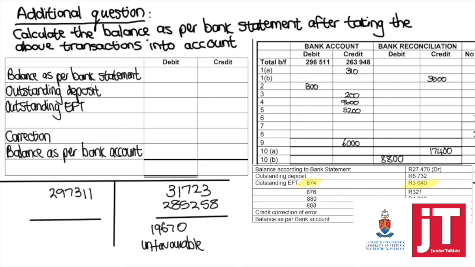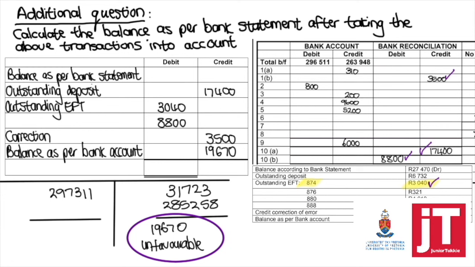I'm going to start with the outstanding deposit was 17,400. Outstanding EFT, we've got from the previous bank recon, there was still an outstanding EFT of 3,040, and we've got 8,800 in this month. There was the correction, 3,500, and the balance as per bank account, as it appears in our books, it will appear on the bank recon.